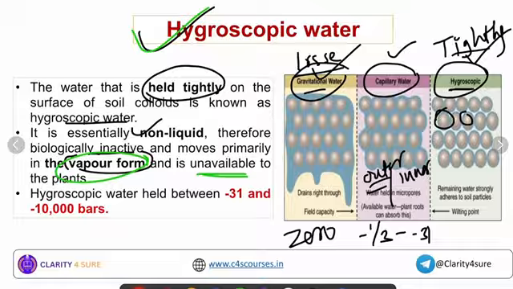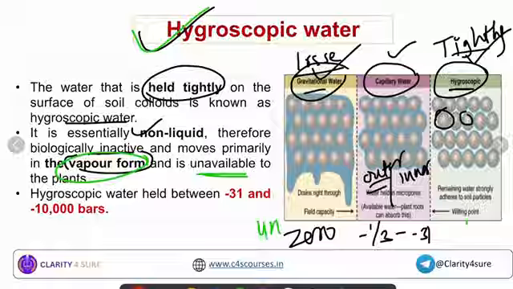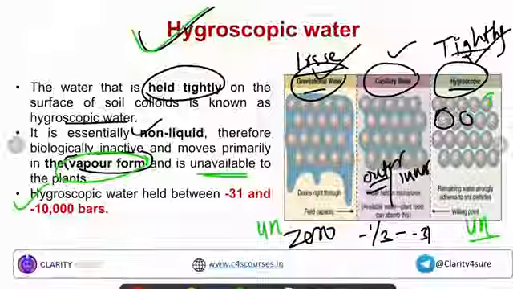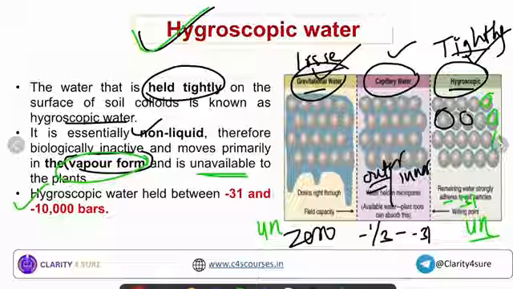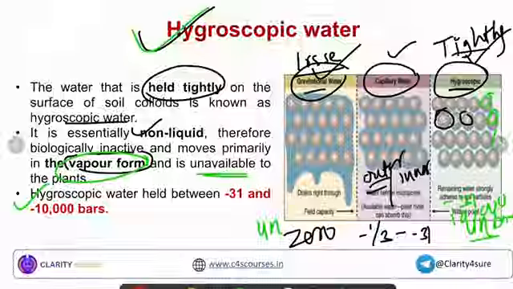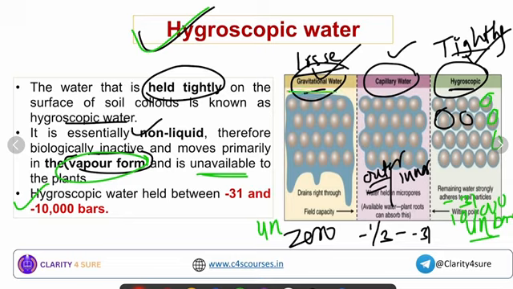This hygroscopic water is unavailable to the crops. As it is tightly held, the pressure is too high, as minus 31 to 10,000 bars. Okay, so I hope the points are clear. The gravitational water will be drained out easily because the zero soil moisture tension is there.